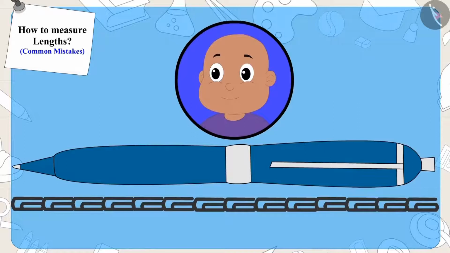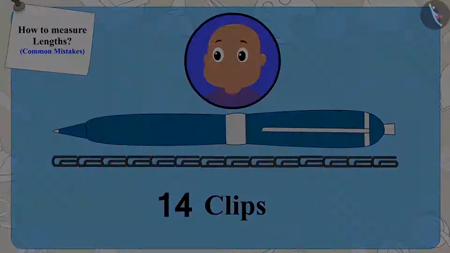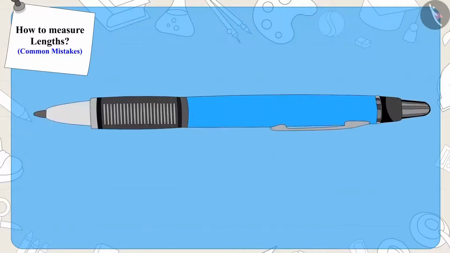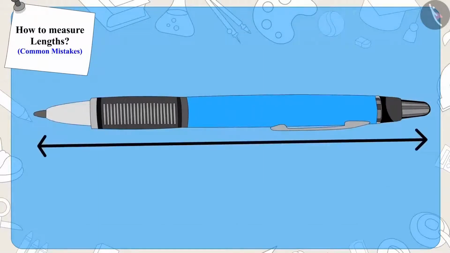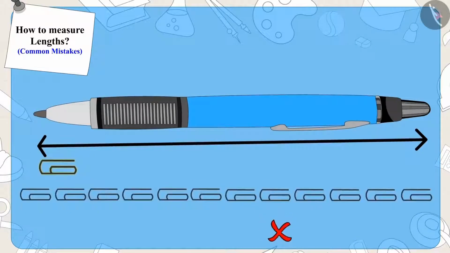That is why the length of his pen was 14 clips long. Children, remember that whenever we have to measure the length of an object with the help of another object, then we should not leave any empty space in between.